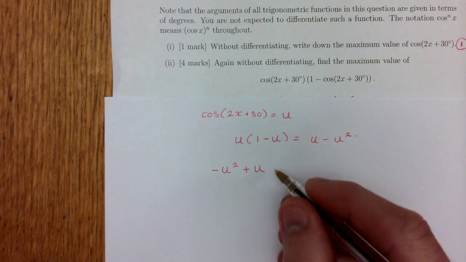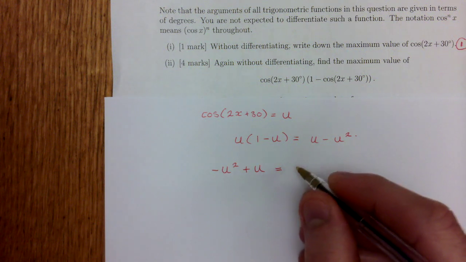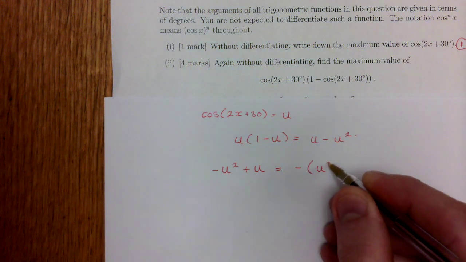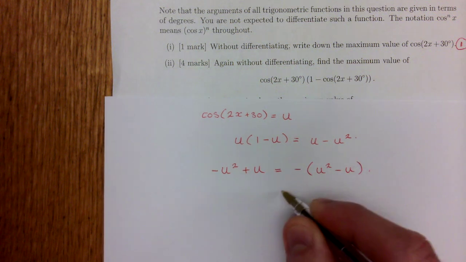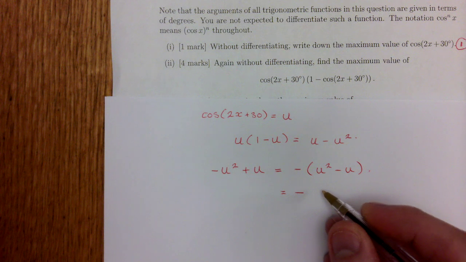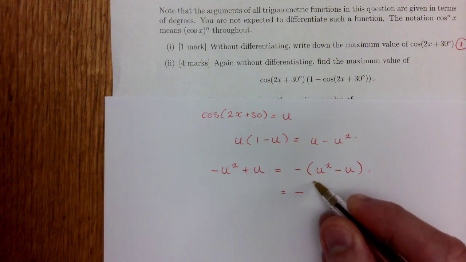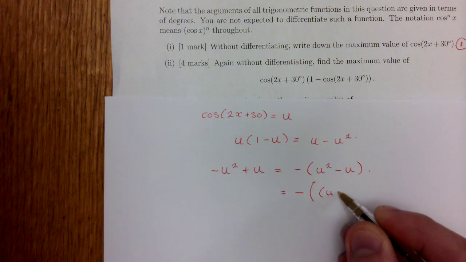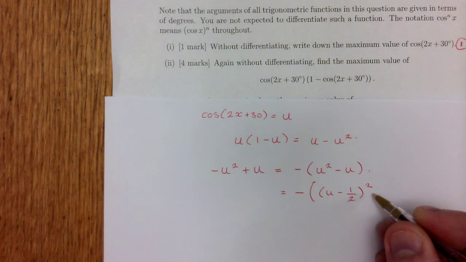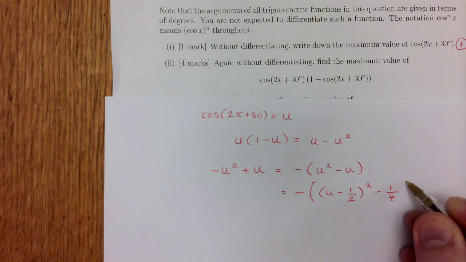If I factor out the negative, so u squared take away u, I get negative, remember how to do this, u take away a half, all squared, and that's going to be take away a quarter.